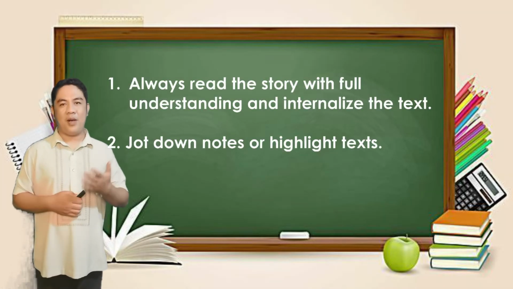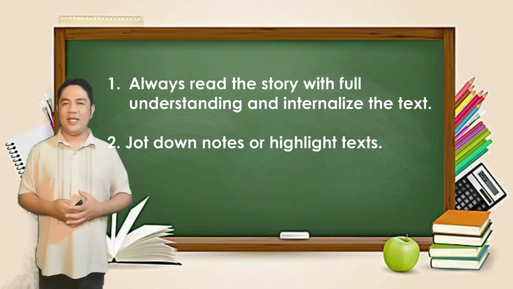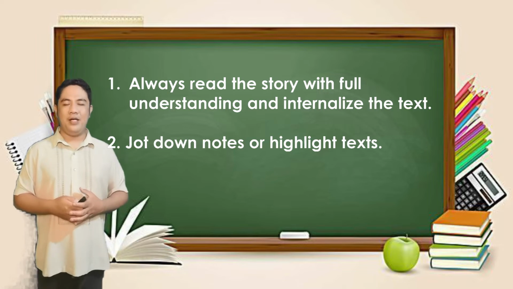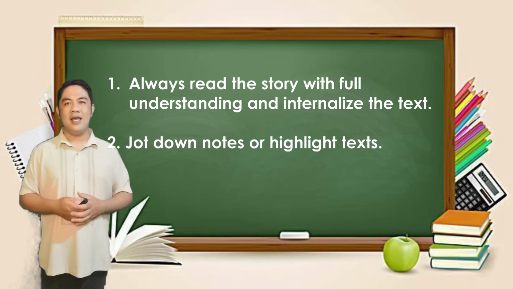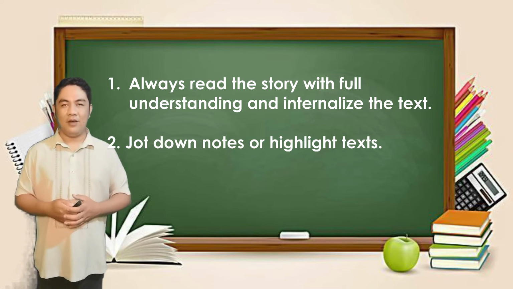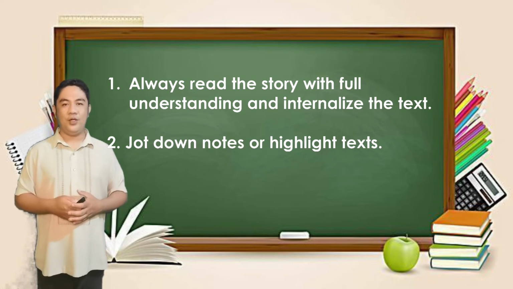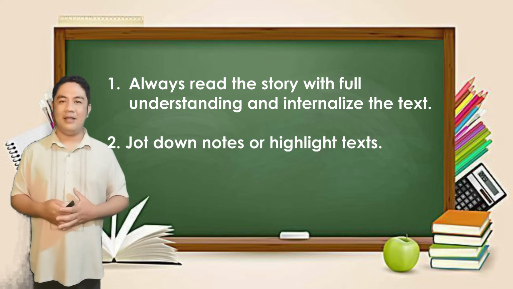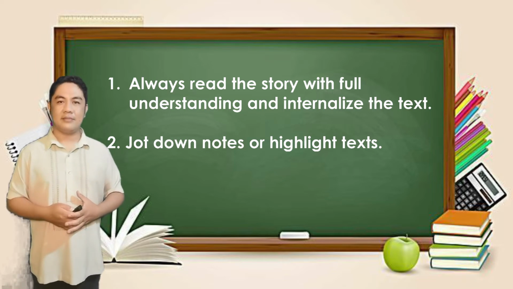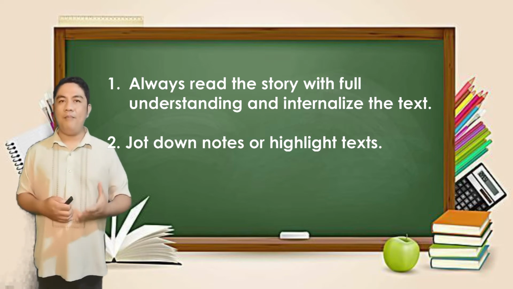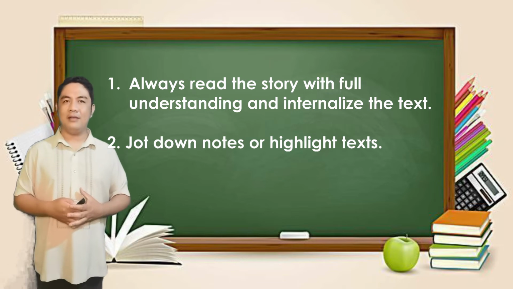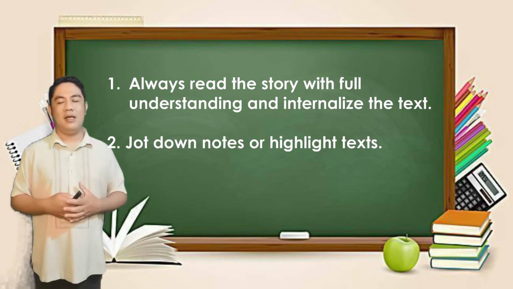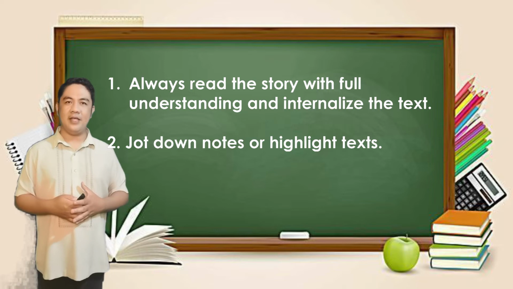Remember this. Number 1, always read the story with full understanding and internalize the text. Next, you have to jot down notes or highlight text. Going back to the story that we have read a while back, it's about a rose in a vase.